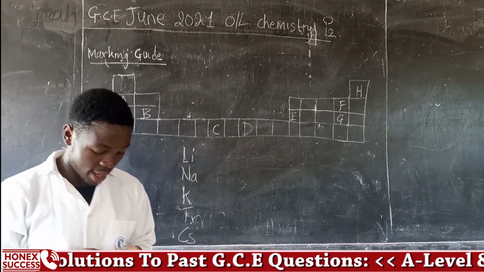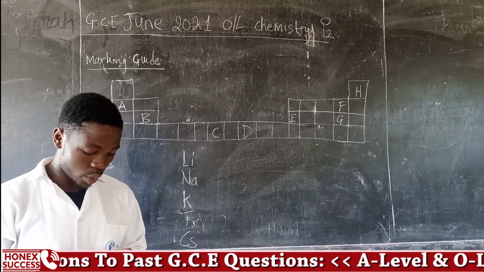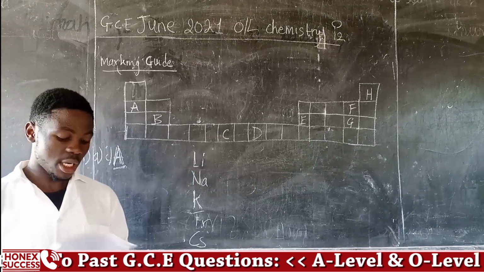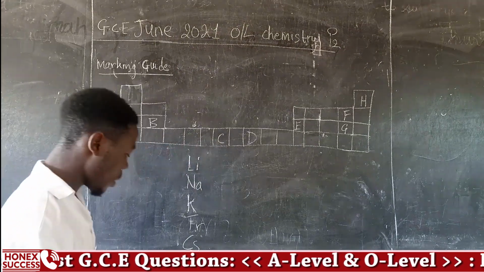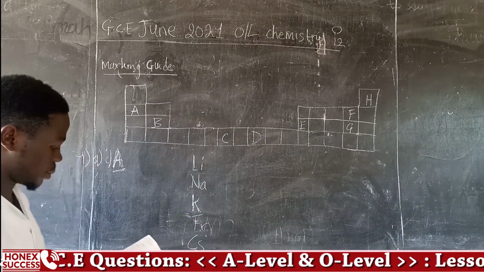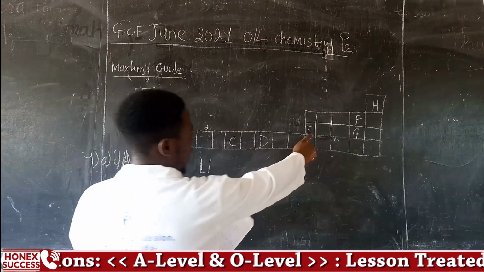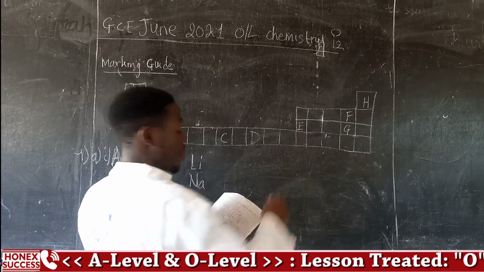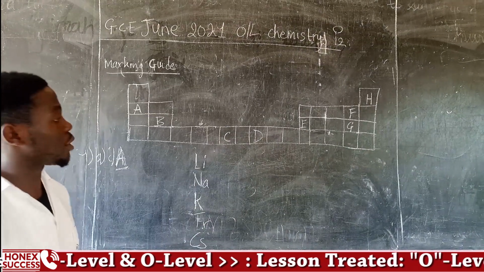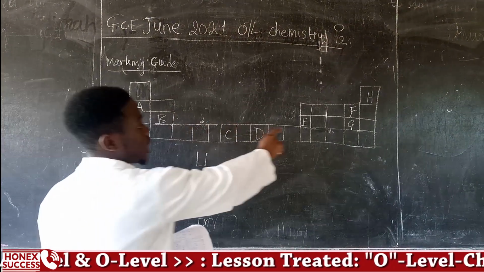The Roman 2 part of it asks we should identify a reddish liquid at RTP. So if we are to eliminate elements A to E, elements A to E are metals.